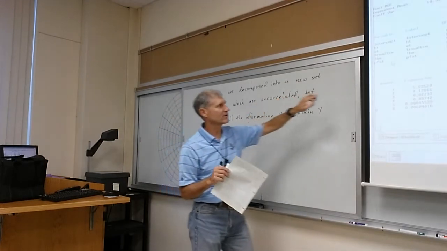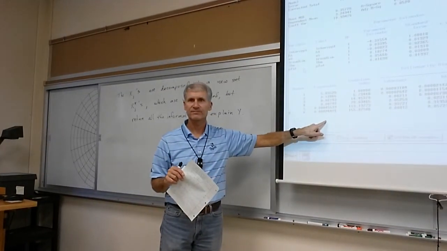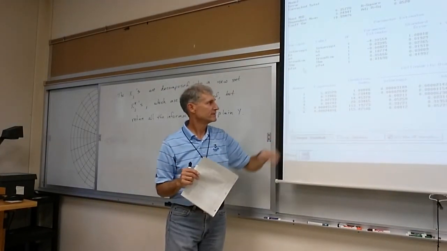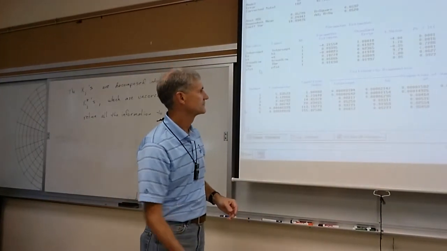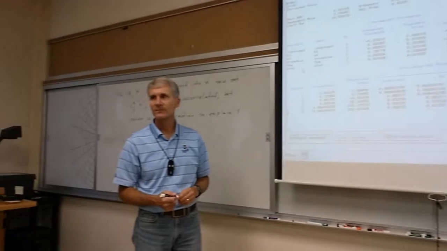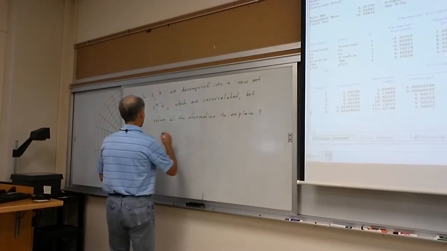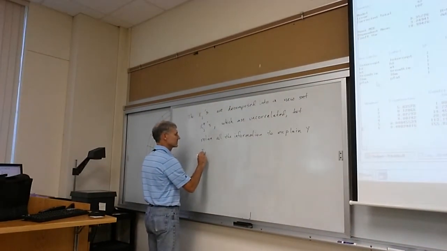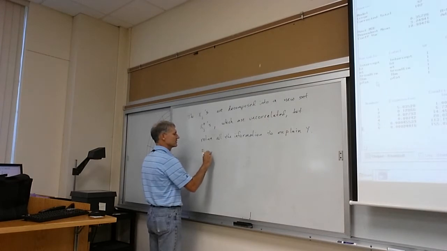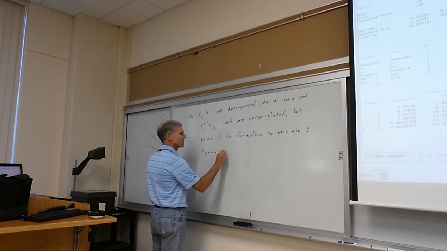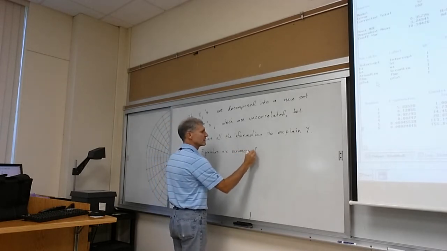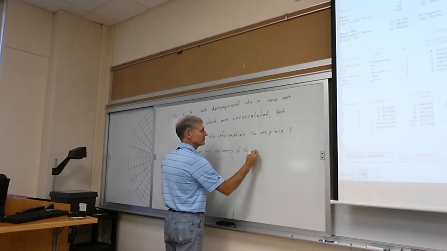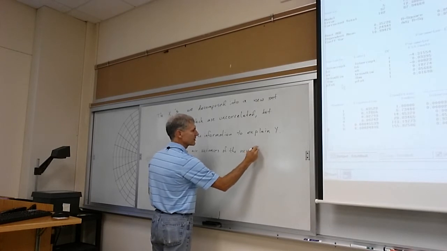And those will be called the eigenvalues. So the eigenvalues are the variances of the x star sub j's. Yeah, let me go ahead and write it down. The eigenvalues are the variances of the new x star j's.